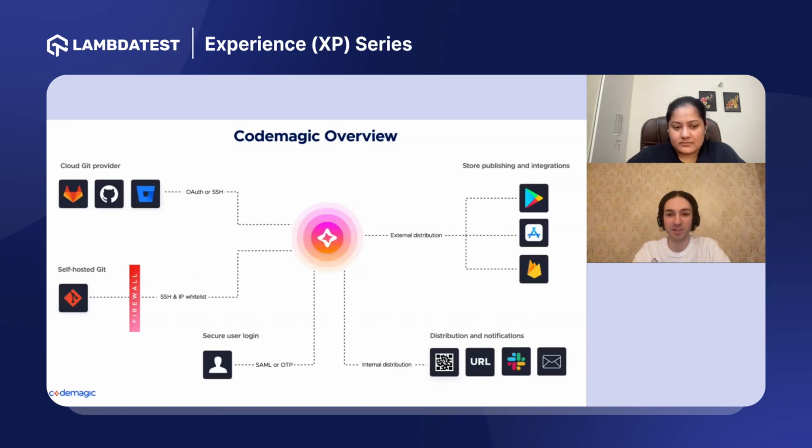Codemagic does all these manual processes that you usually do on your local machine, and then publishes them to different stores, the App Store, Google Play. If you want to publish them to Microsoft Store or Firebase or different places, Codemagic can do that through the scripts that you provide.